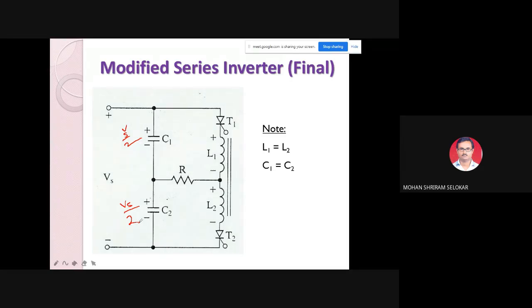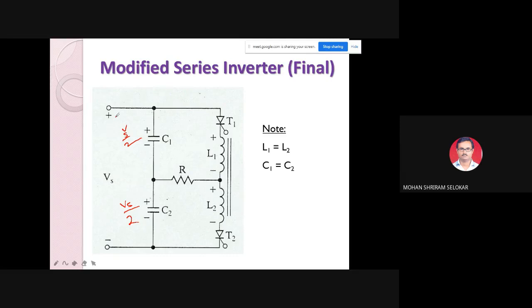Now, as you know, T1 is triggered initially. So when T1 is triggered, what will happen? There will be currents flowing in the path. So I am drawing the path of the current. Please listen very carefully, students.